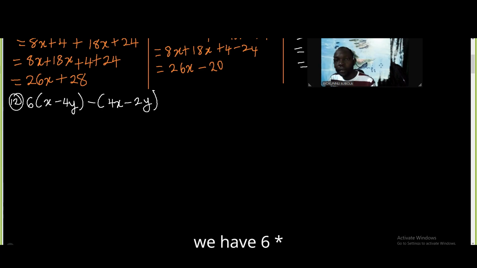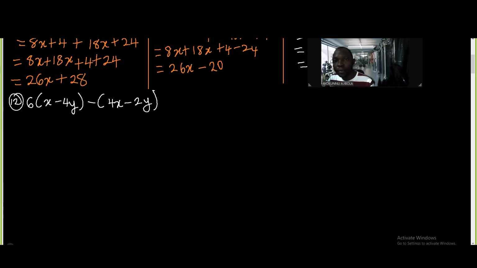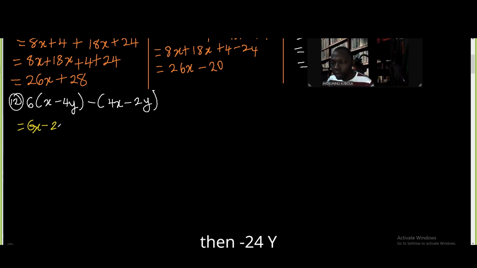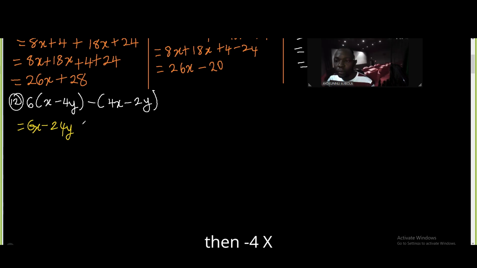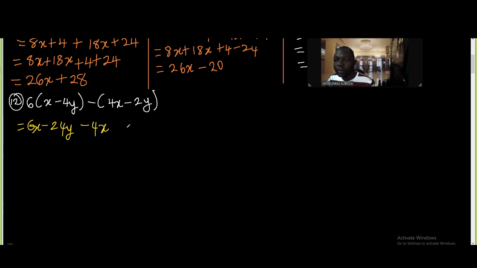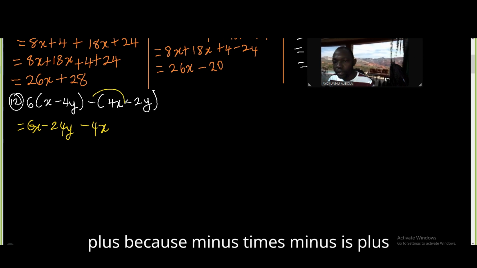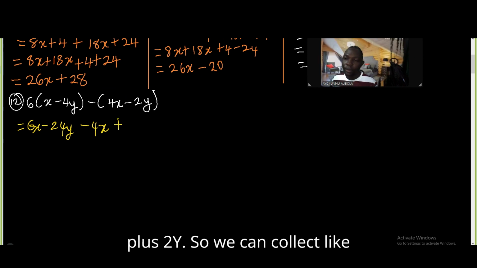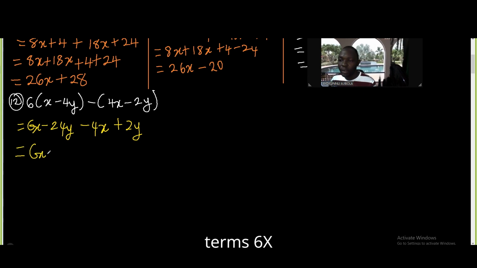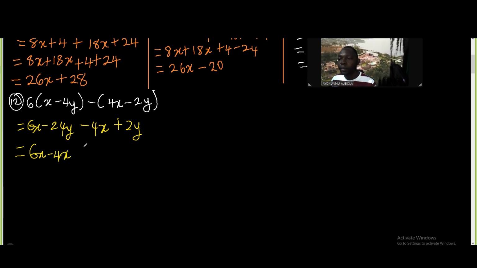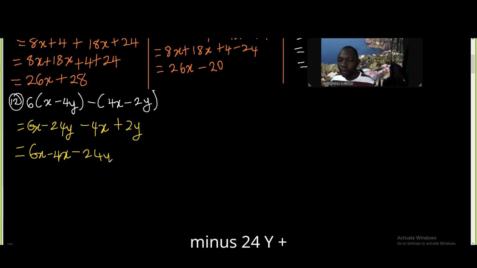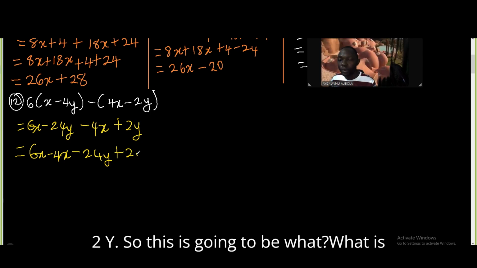So now we have 6 times x is 6x, then minus 24y, then minus 4x, plus, because minus times minus is plus, 2y. So we can collect like terms. 6x minus 4x, minus 24y plus 2y.